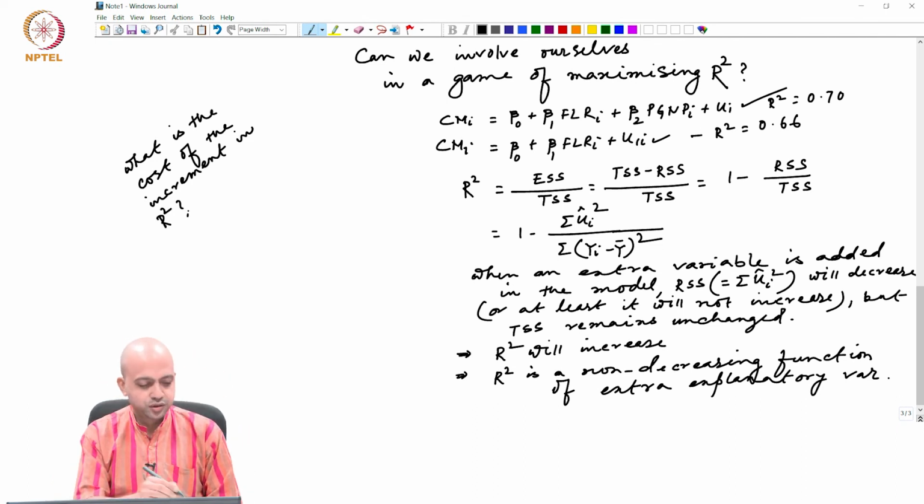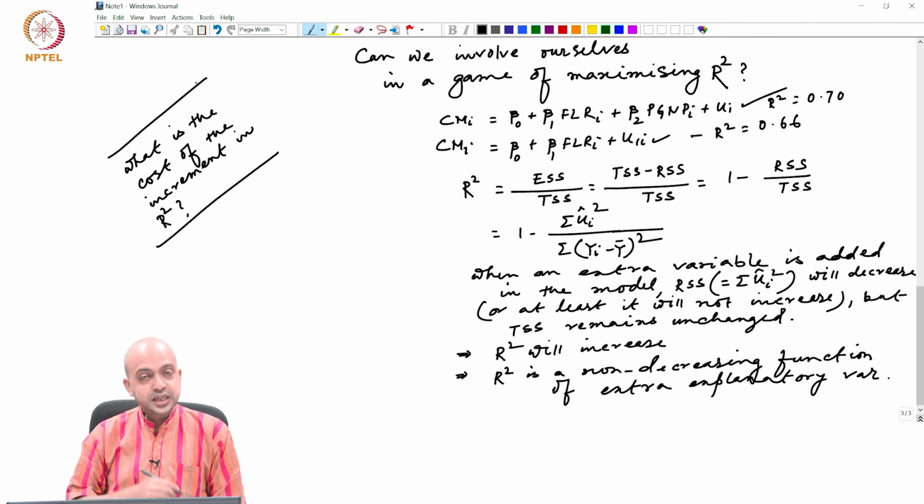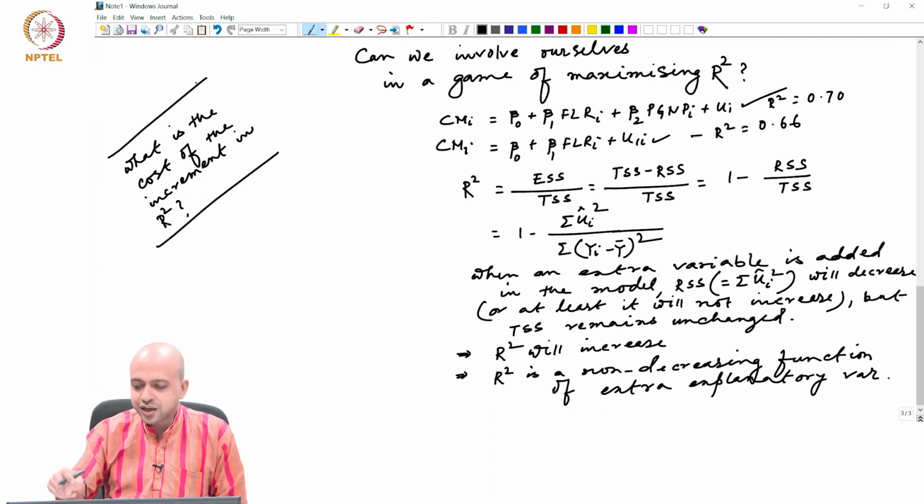This is an important question that I am asking. Is there any cost involved when we add one extra variable to experience a little higher level of R square? The cost is there, and what is the cost?